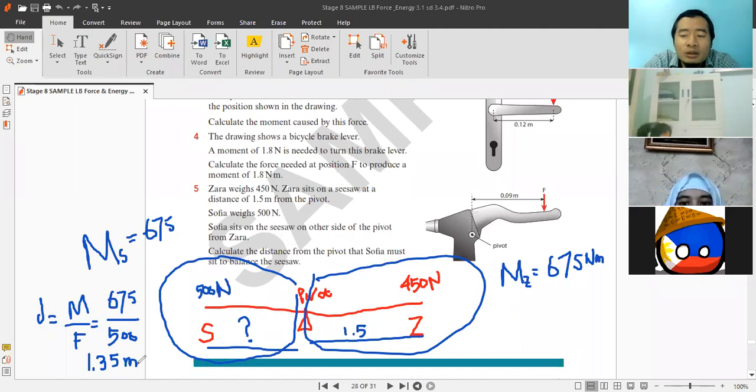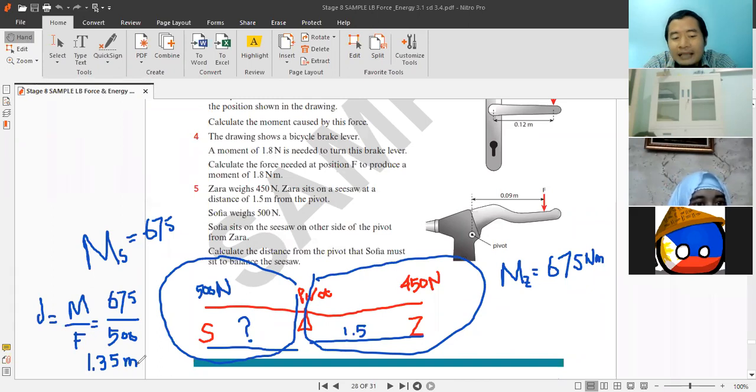Even if the force is the same and the distance is different, it doesn't matter, as long as the moment is the same. What matters is that both are 675. Zara is 450 newtons at 1.5 meters, Sophia is 500 newtons at 1.35 meters.